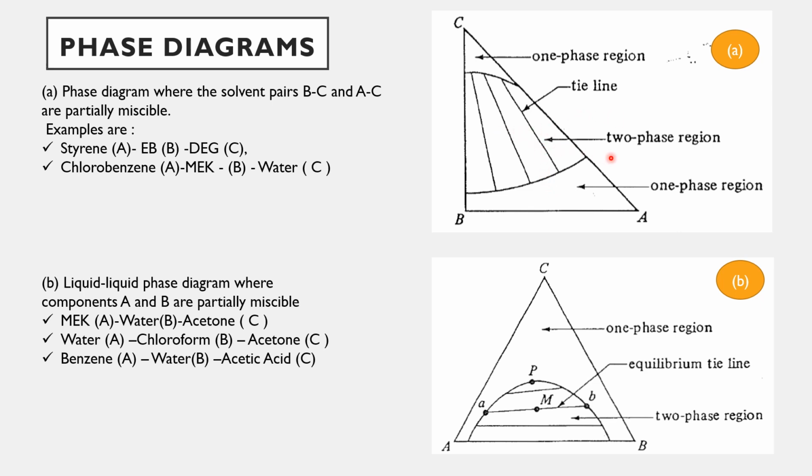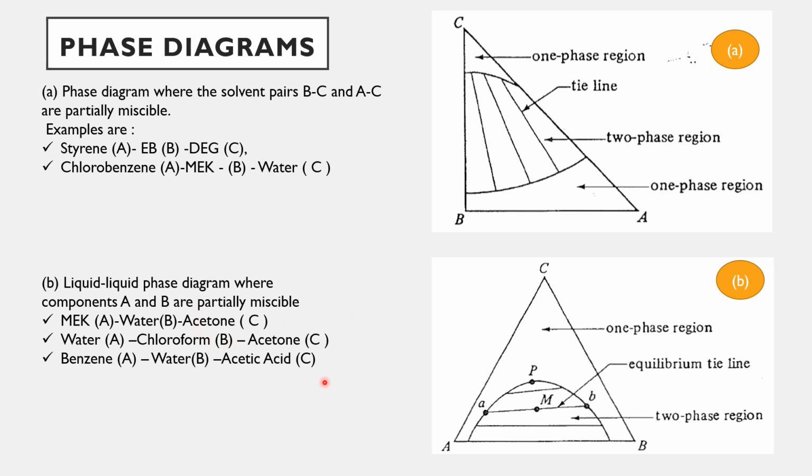Inside this pocket is the two phase region, while the outside is the one phase region. Typical examples of this system are styrene, ethylbenzene, and diethylene glycol. Another example is chlorobenzene, methyl ethyl ketone, and water.